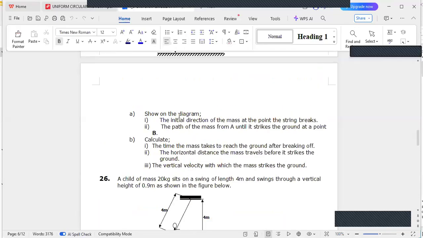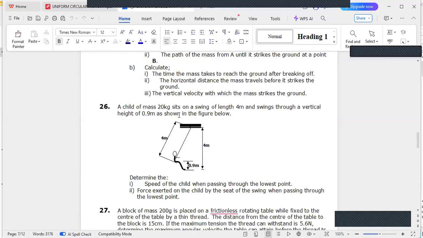Then we have another application here, number 26. A child of mass 20 kilograms sits on a swing of length 4 meters and swings through a vertical height of 0.9 meters as shown in the figure below. Determine the speed of the child when passing through the lowest point.